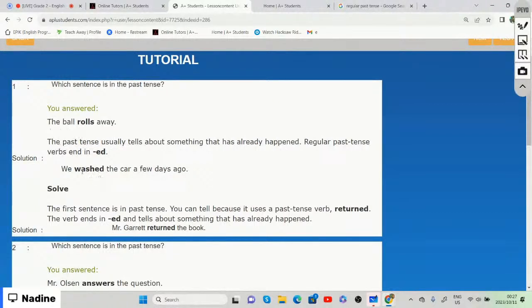And remember with the past tense, we say that it ends in either an ED or we add a D to it to show the past tense.